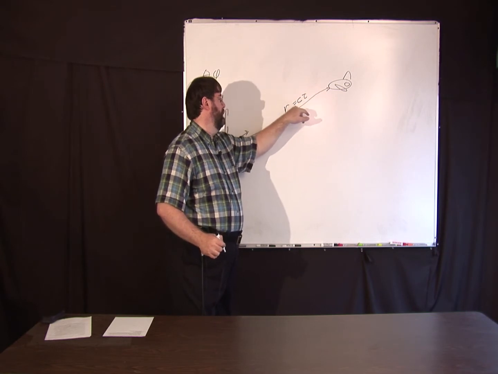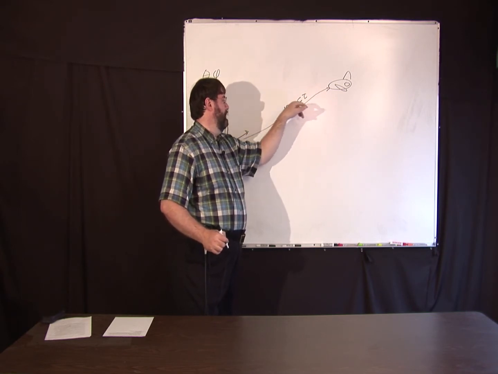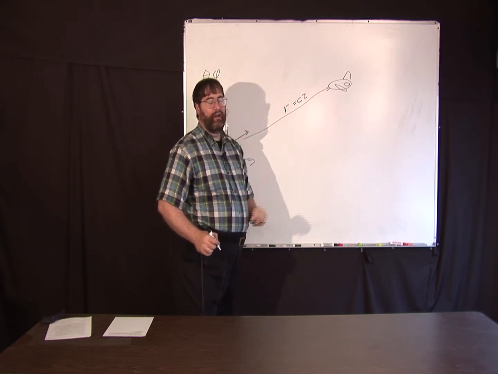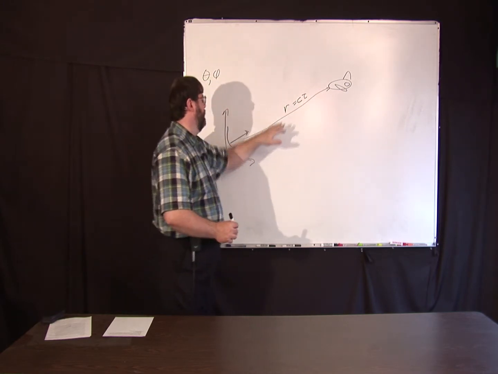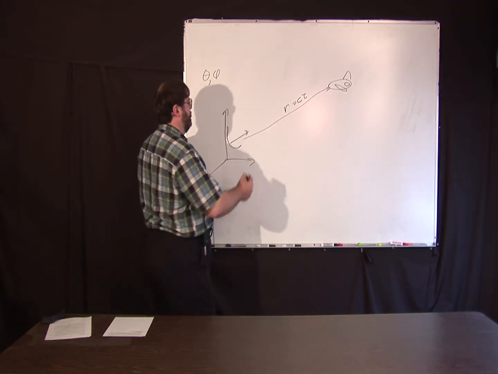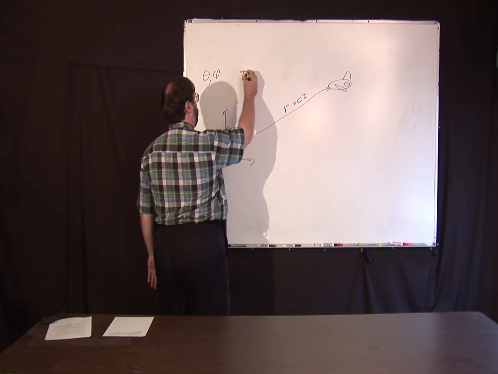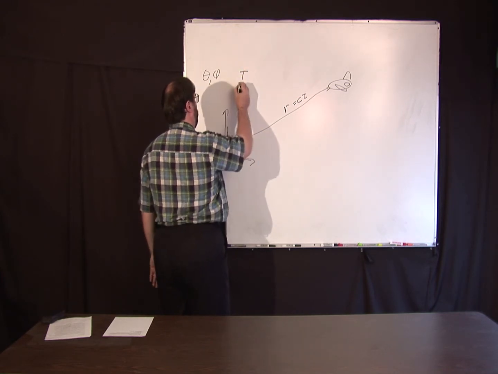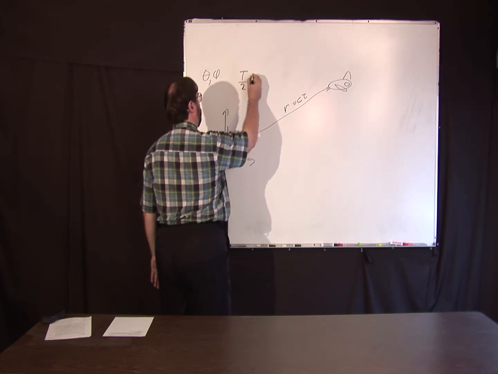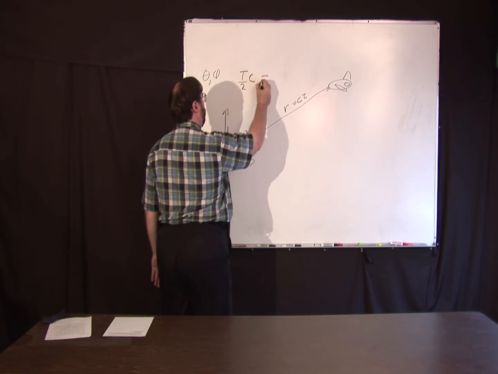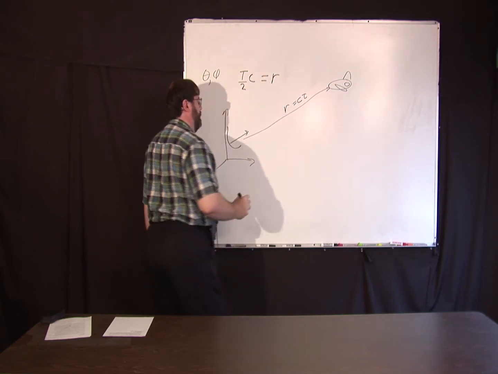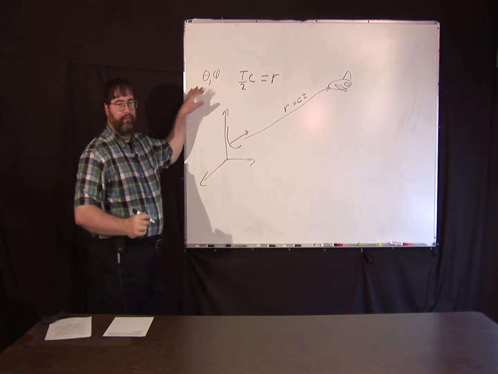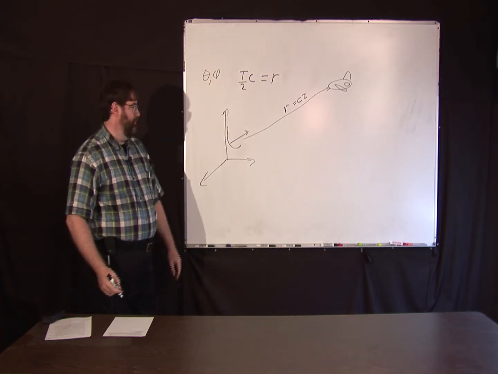The distance is the speed of light times the time it takes. So the round trip time, let's call that t, divided by 2, times the speed of light equals the range. So now that we have r, theta, and phi, we know its position in 3-space. That's what a radar does.